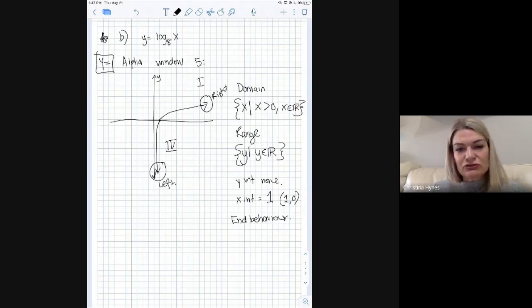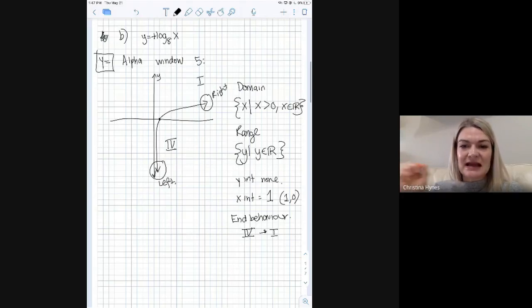Because the quadrants don't change. It's just the ends might change and where they actually land might be different. So this one is actually going from quadrant 4 to quadrant 1. Okay, so that is changing because it's a positive in front of log base 8 versus the previous question, there was a negative sign. Okay, so that's the first 10 marks right there.